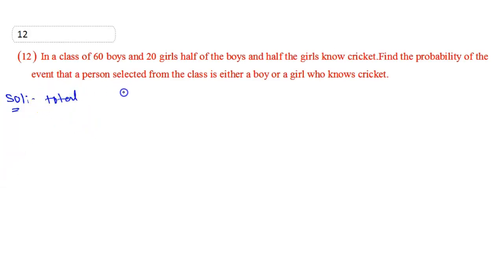The total number of persons in the class, or number of students in the class, is equal to how many? 60 plus 20, that is equal to 80. Okay.